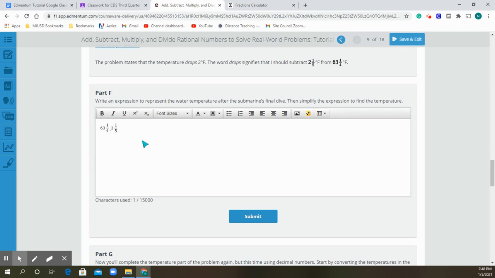So I might not be able to do that in my head. So how am I going to do that? Well, first, I can do the easy part. 63 is a whole number, minus 2 is going to be 61. That part's easy. Now, I don't necessarily remember how to do the 1/4 minus 1/5.